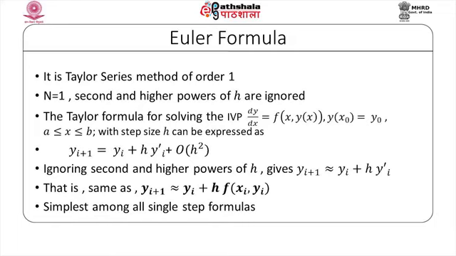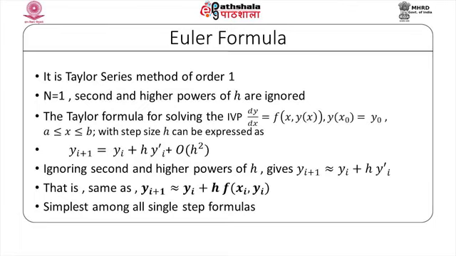Let us take the simplest case, which is known as the Euler formula. It is also called Taylor's formula, or Taylor's method of order 1. Basically, in this method we are only keeping terms up to the power of h and ignoring second and higher degree terms, so our n is 1. In the previous Taylor series, the terms from h squared by 2 factorial onwards are ignored.